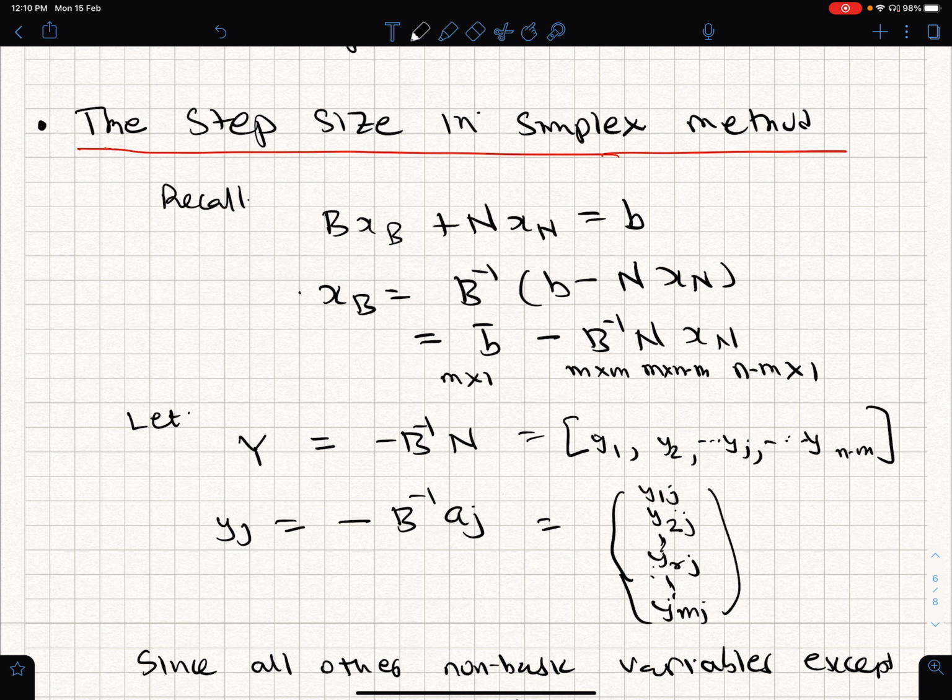A more specific case that needs to be looked at later on is when you move to an adjacent vertex with the same cost value, and then maybe after that you improve.